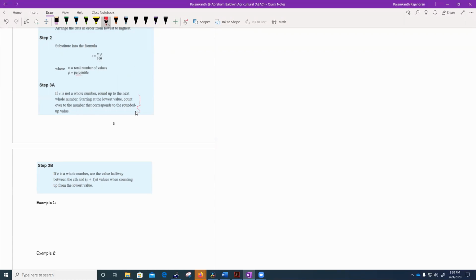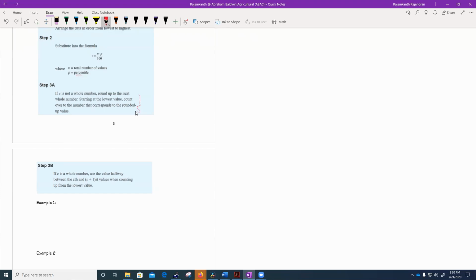Starting at the lowest value, count over to the number that corresponds to the rounded value. That means, suppose you are getting some number, say 7, then you have to count to the 7th position from the lowest. That is going to be your actual data value.